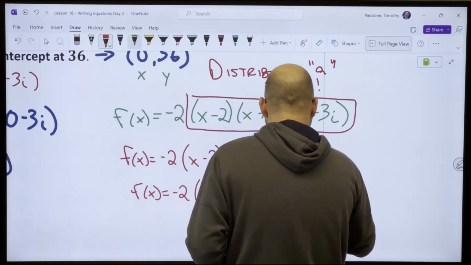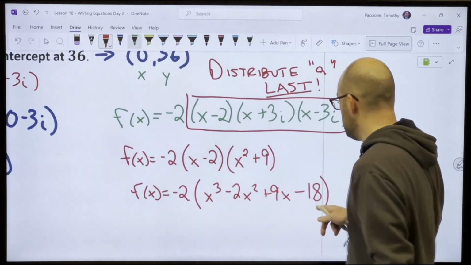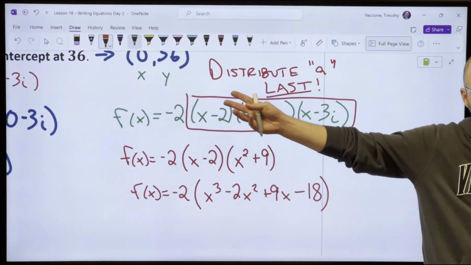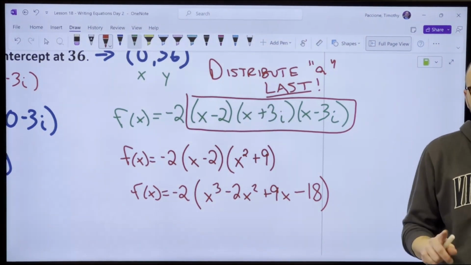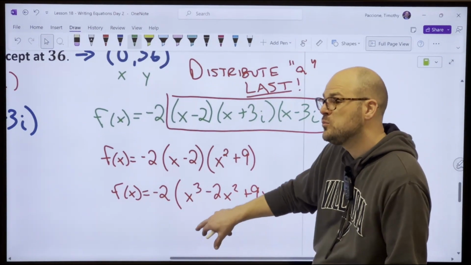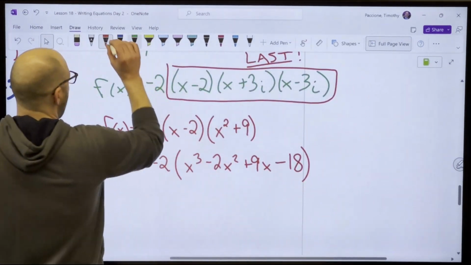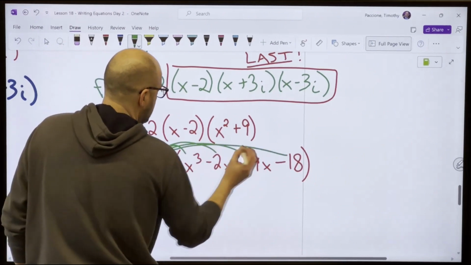Okay, now the other big mistake people make is they just find this and then put a negative 2 at the front and they say I did it. What's the problem with that? You have to distribute. And the way you can check is if I did that, I wouldn't have the right c value, right? So now I distribute, boom, boom, boom, 4 times.